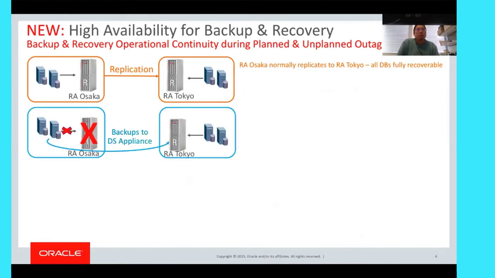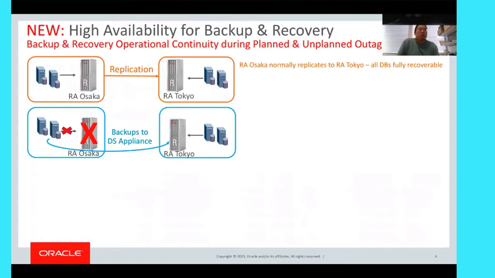In the event that you have your upstream, in this case Osaka, that has an outage or you have some kind of planned maintenance, then you can have the solution. Basically, it's a new configuration and a PL/SQL package that is installed in the upstream appliance, whereby your configuration for your database clients will fail over.